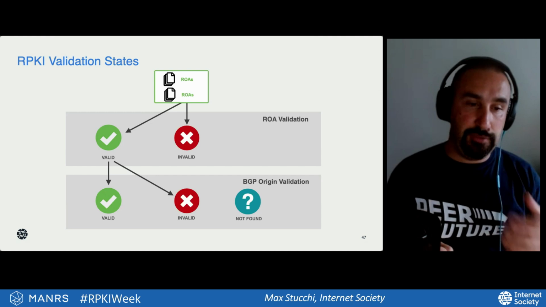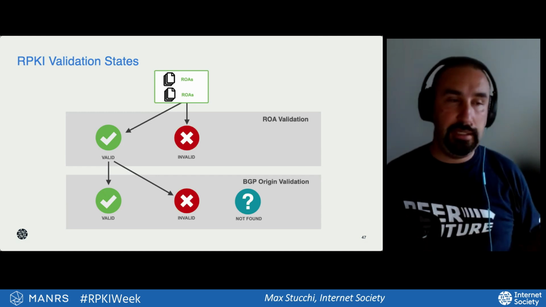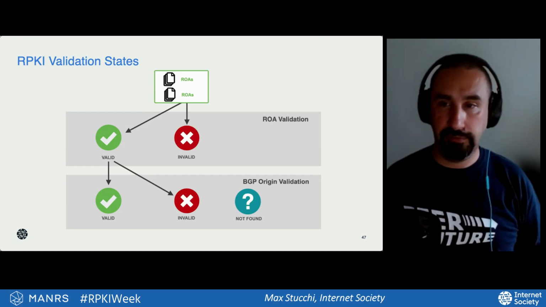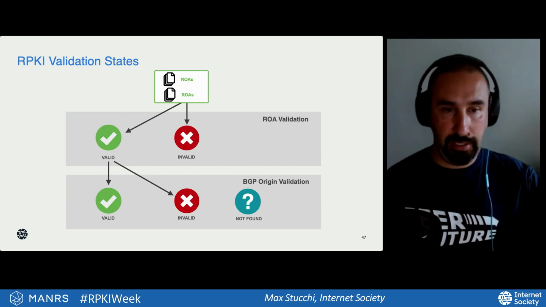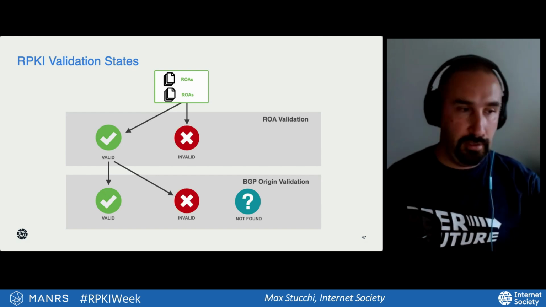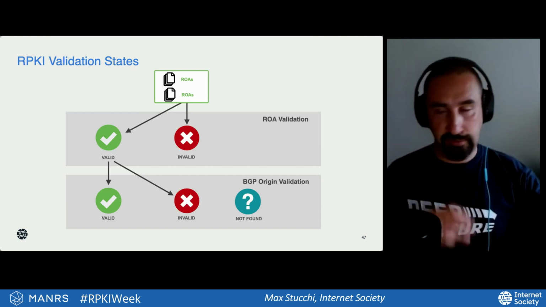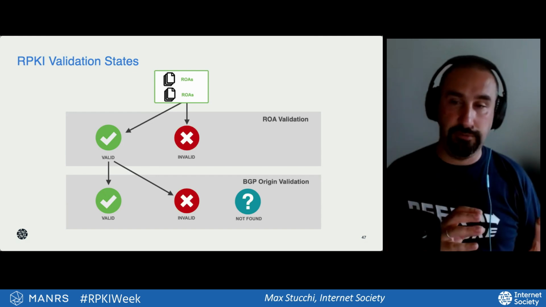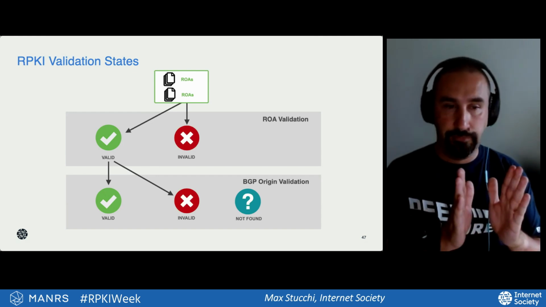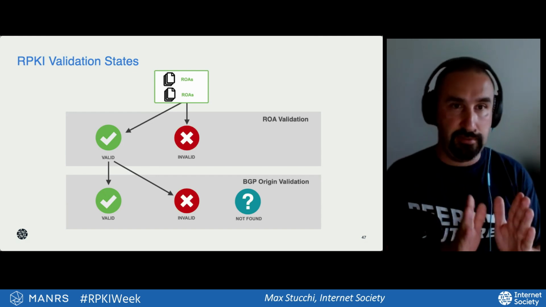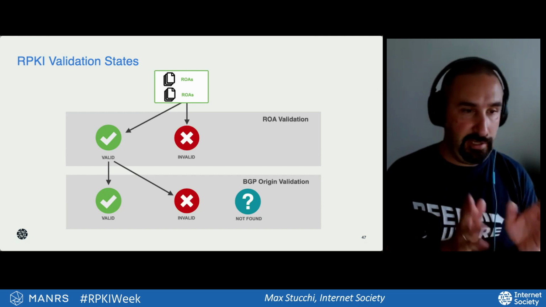So when we look at BGP origin validation, we only take the data from the ROAs that are valid from a ROA validation point of view. With that in mind, we take the ROA, we get the BGP announcement, and we try to match the two. As we did in the previous slide, does the ASN match? Yes.